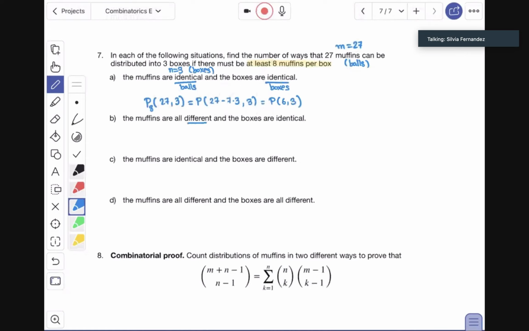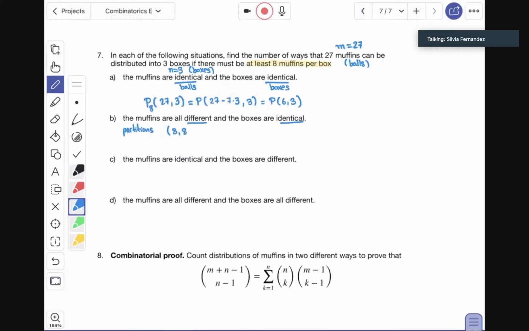And I have different balls into identical boxes, which means it's going to be multinomials. But because I have that extra condition that there are at least 8 muffins per box, I need to find the specified partitions. Each box needs at least 8, and they need to add up to 27.